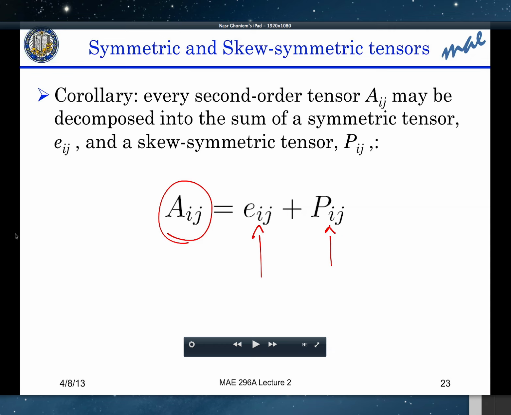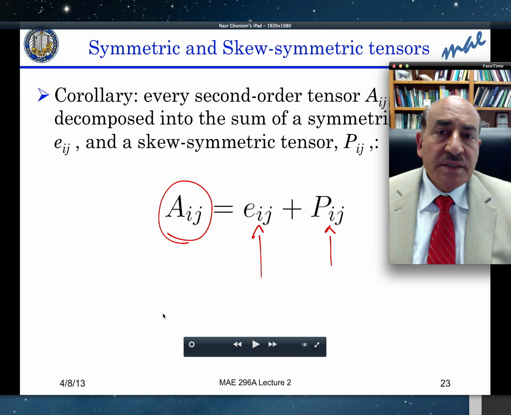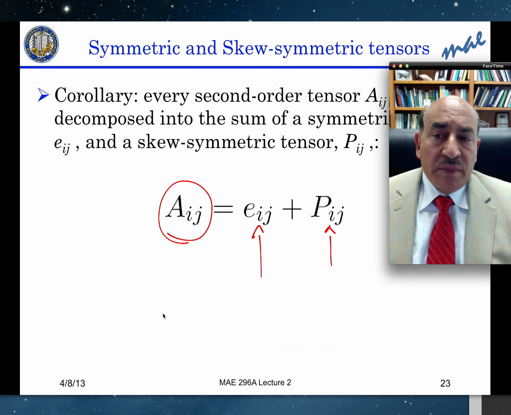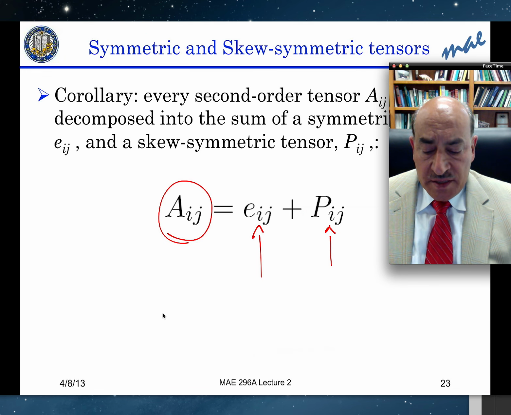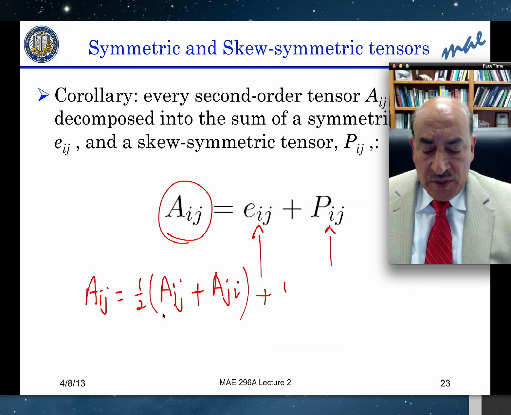That is easily done by writing Aij as 1/2 of (Aij plus Aji) plus another 1/2 of (Aij minus Aji).